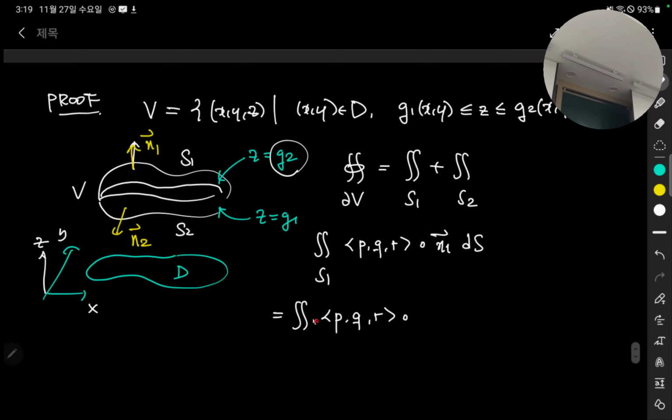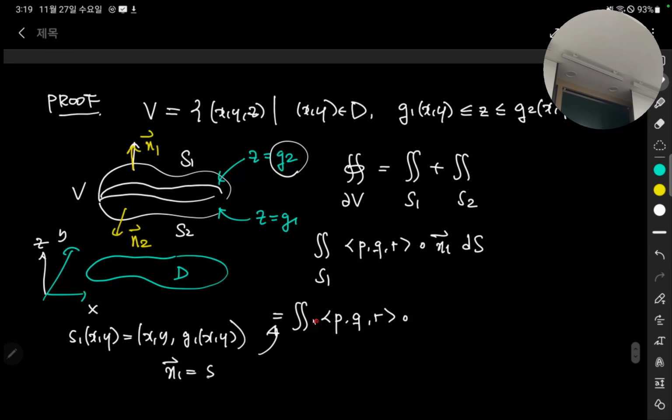And what is n? Here N1, the orientation of S1, is pointing upward. So if S1 is the parameterization of the surface, given by (x, y, G1(x, y)), then N1 is S1x cross S1y divided by the size of that cross product, because I want it pointing upward.